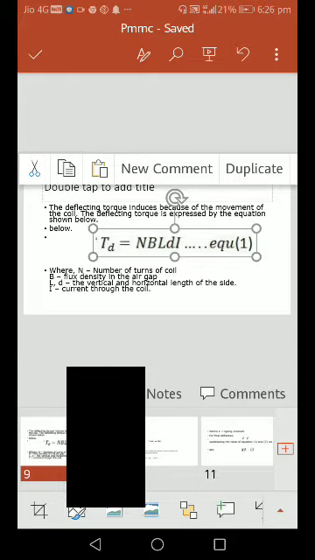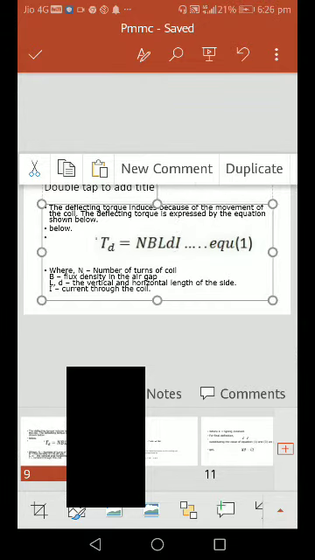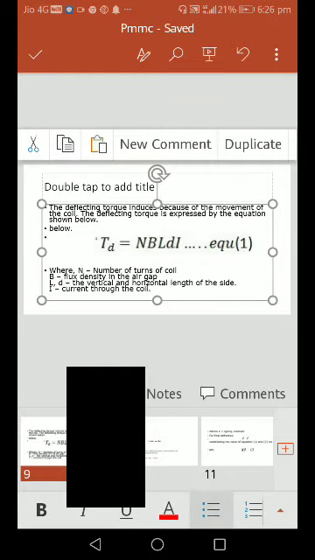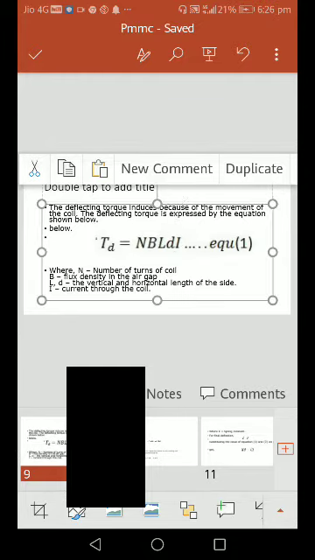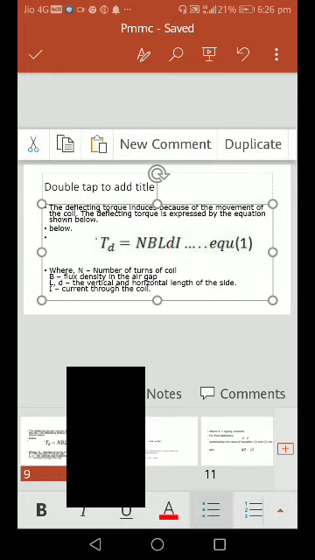Where n is the number of turns of the coil, B is the magnetic flux density in the air gap, d is the horizontal and vertical length of the side, and I is the current through the coil. How much current is produced in the coil? That is the expression for the deflecting torque induced because of the momentum of the coil.